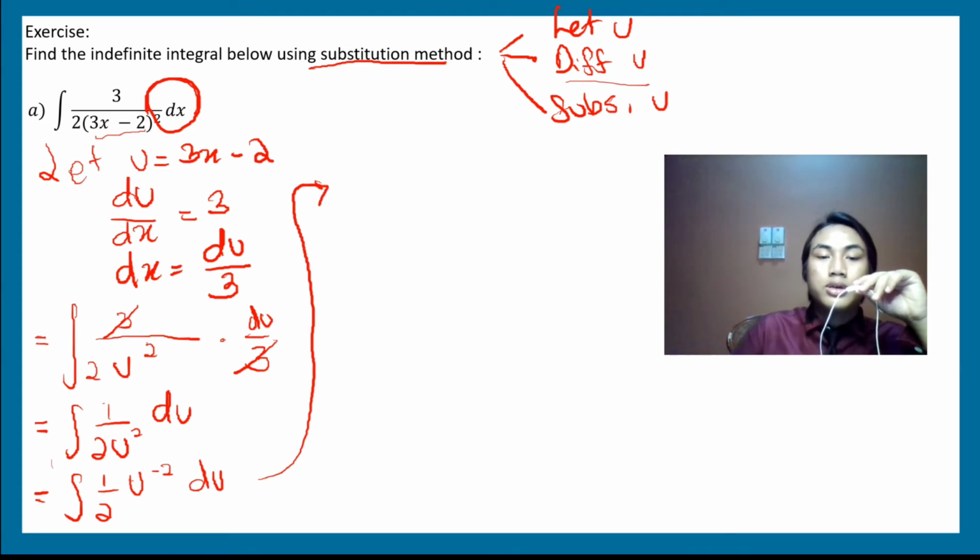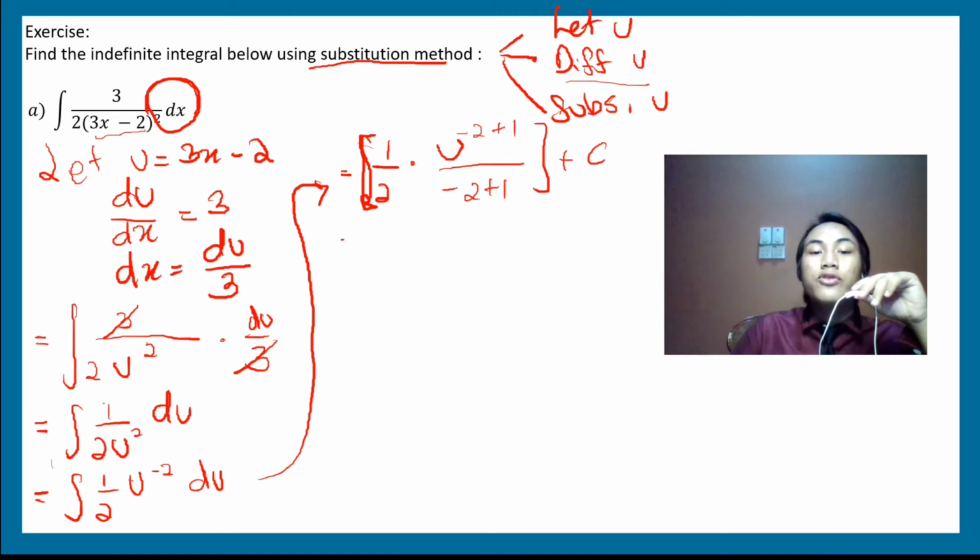So it's equal to the integrate. Okay, integrate. We already make the integration. So times with u. Negative 2 plus 1 is what? Negative 2 plus 1 plus c.